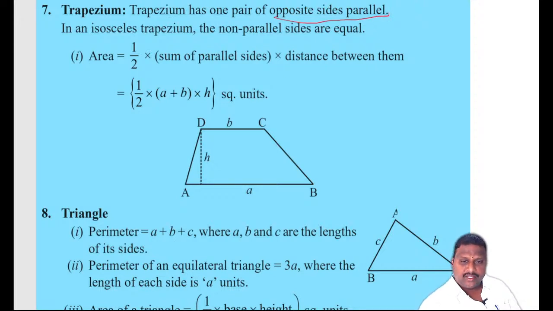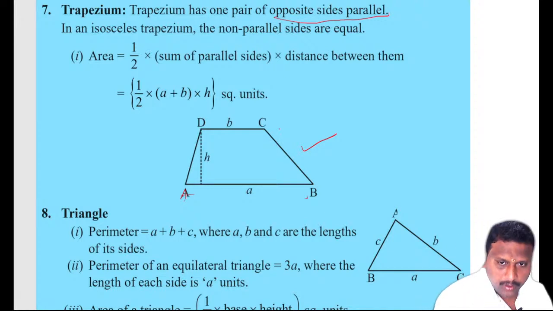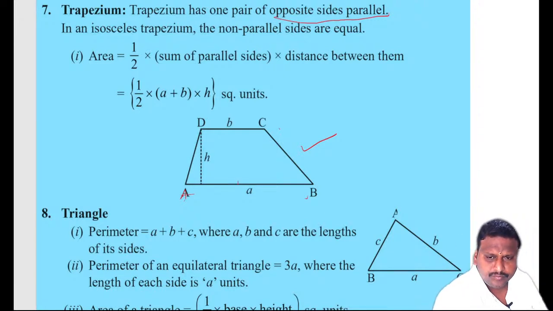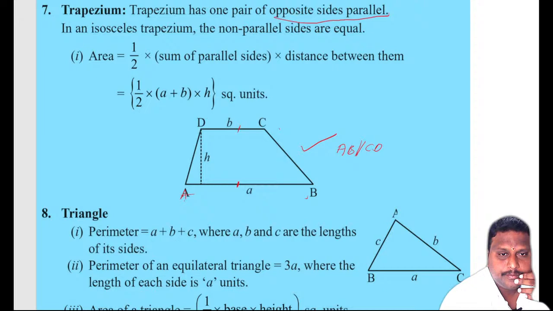If you see this, ABCD is a trapezium. In this way, this shape is called a trapezium. In this trapezium, AB and CD are parallel. AB is parallel to CD.